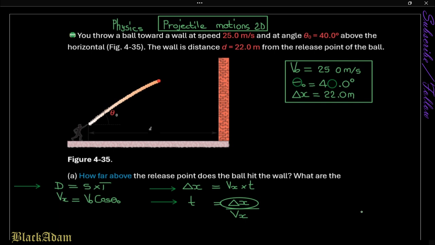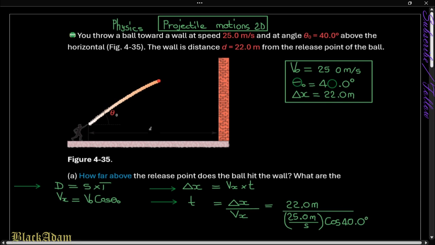So the horizontal distance given is 22.0 meters, divided by the initial velocity times cos theta, which is 25.0 meters per second multiplied by cos 40 degrees.